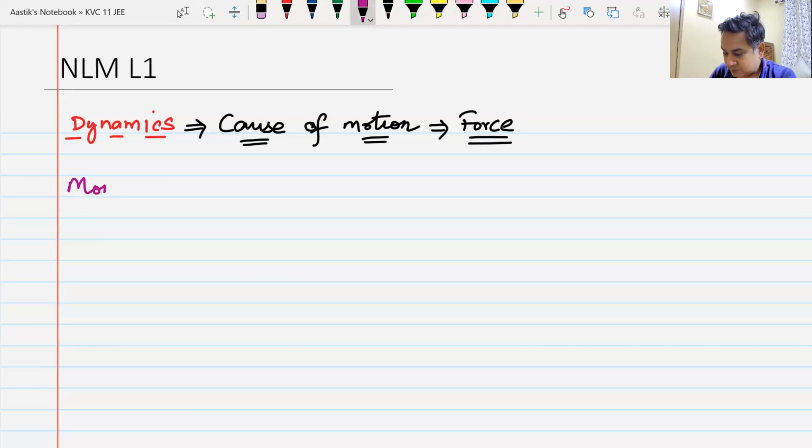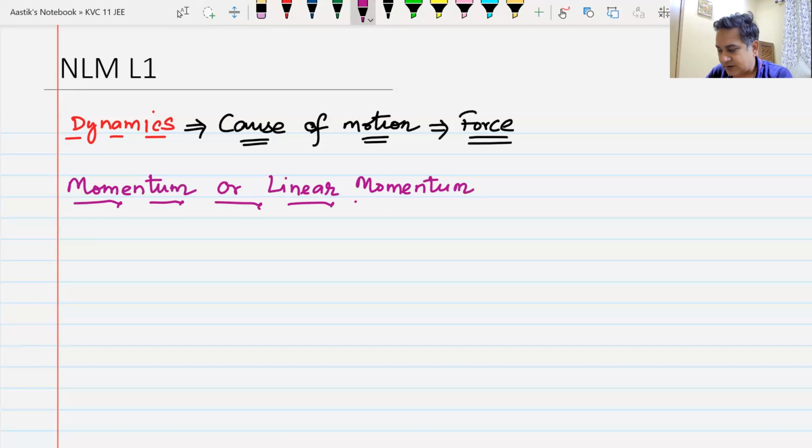We can introduce a term which is known as momentum, or I should better call it linear momentum.